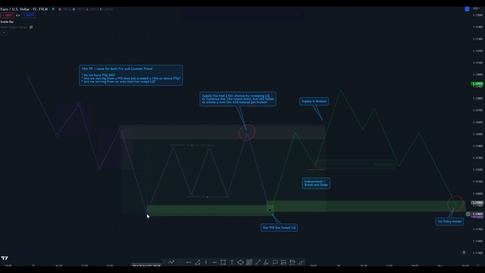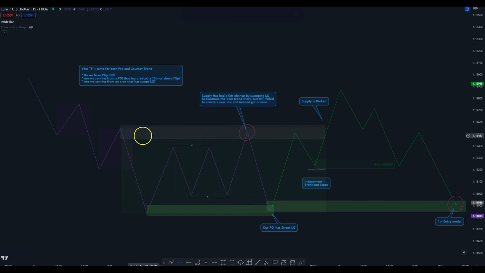We see supply causing a lower low, a lower high, a lower low, lower high, but failing to create a lower low. You could see a bit of range price action going on here, creating liquidity, like a bit of indecision in the market or fair price, whatever you want to call it.